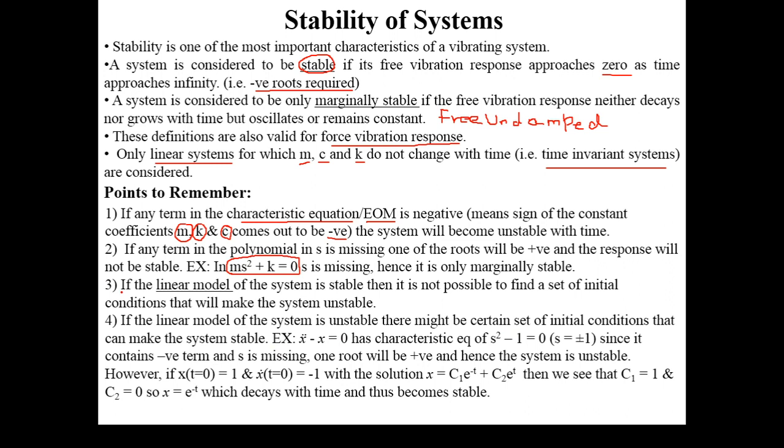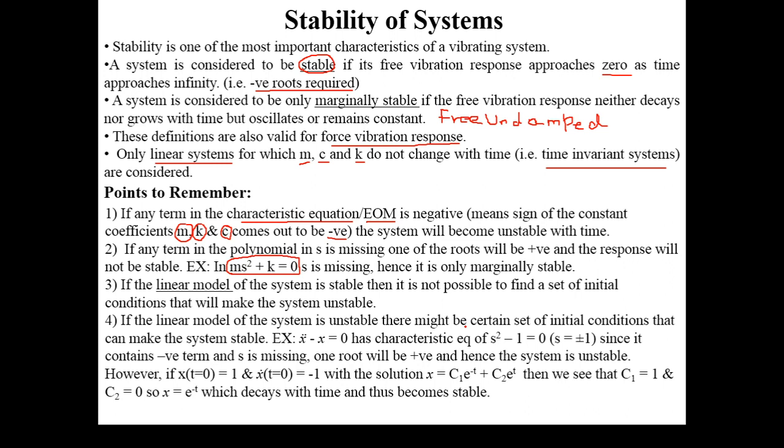So in this third point we were talking about how it is impossible to make a linear vibrating system unstable by providing it any kind of initial condition. It will always remain stable. However, if the linear model of the system is unstable, there can be a certain set of initial conditions that can make it stable again.